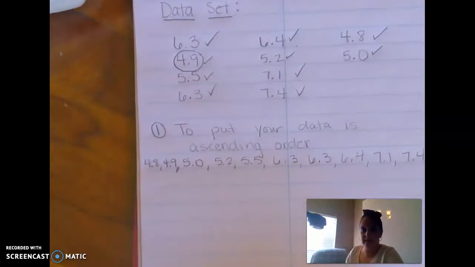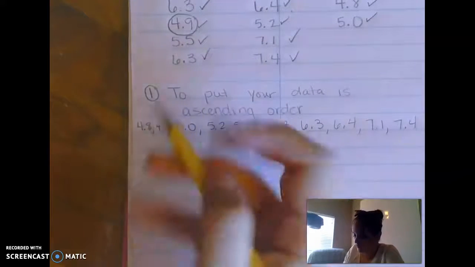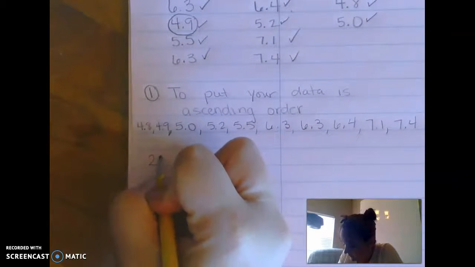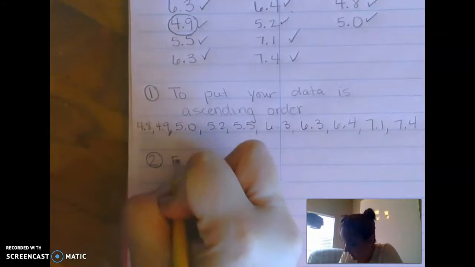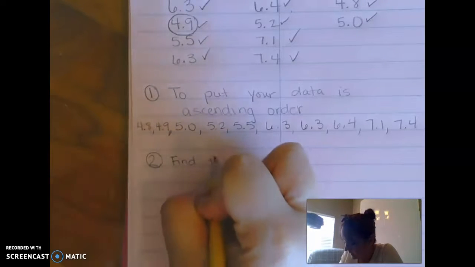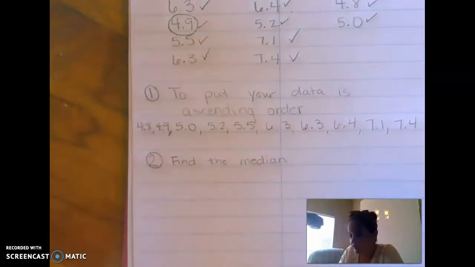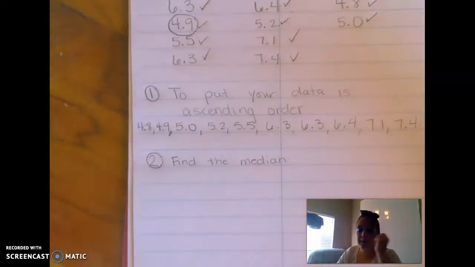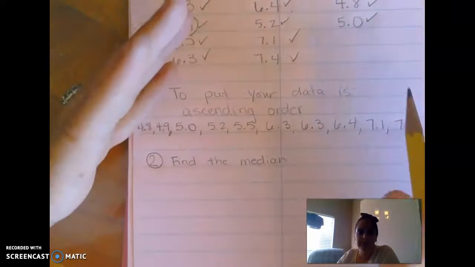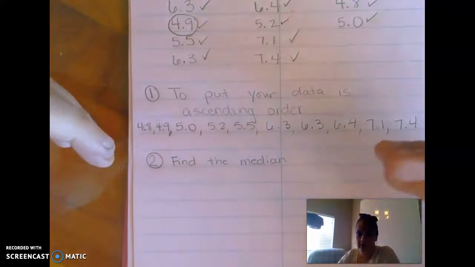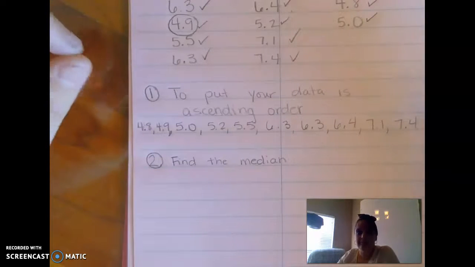Now step number 2 is to find the median. A little trick to remember: median is like a size medium, the size in the middle between small and large. So median is the one in the middle.